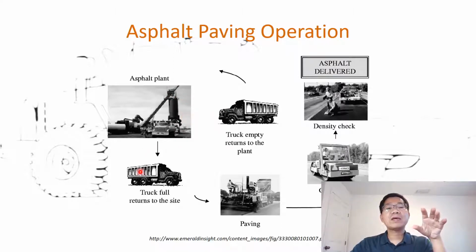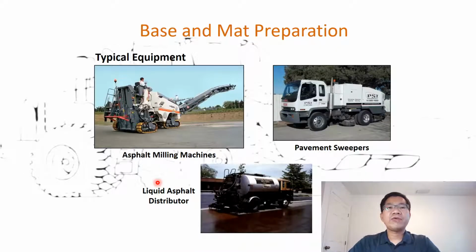And then when the truck goes out to the site, the link between the truck and the asphalt paver also has to be considered to ensure smooth continuous operation. You don't want to have a waiting time for the truck or things like that. And that we will discuss in the next few lesson videos in terms of balancing the distribution and the operation of the asphalt.